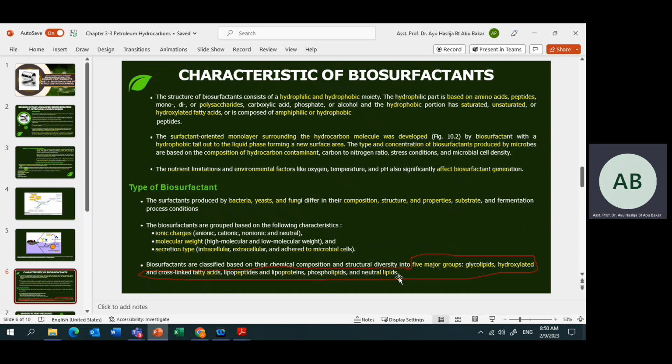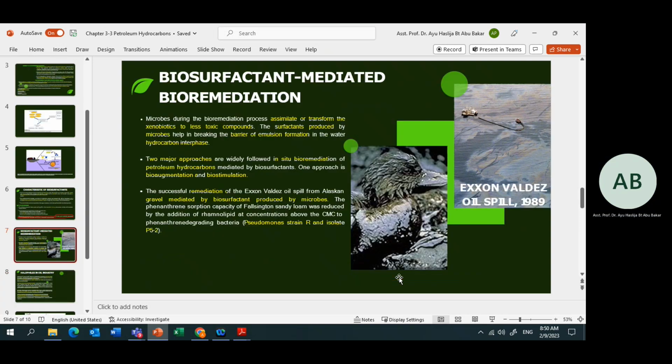These are the 5 major groups of the biosurfactant. Major approaches: bioaugmentation and biostimulation. Then you need to understand, based on the Exxon Valdez case study, how they treated it using bioremediation technique.